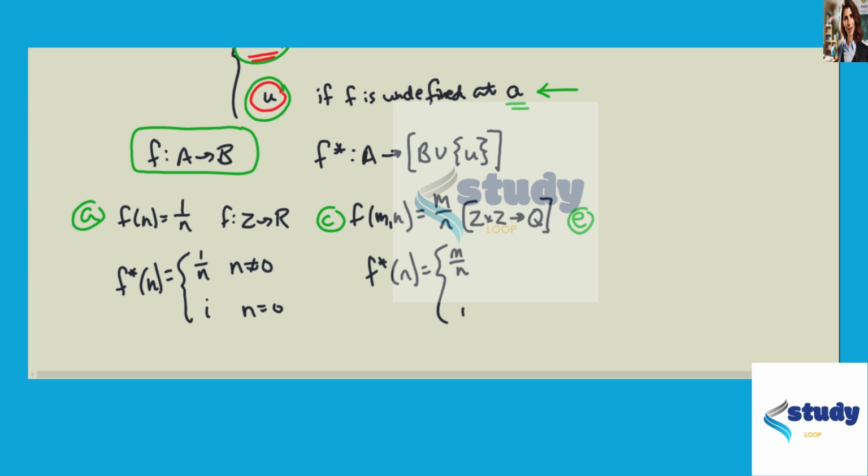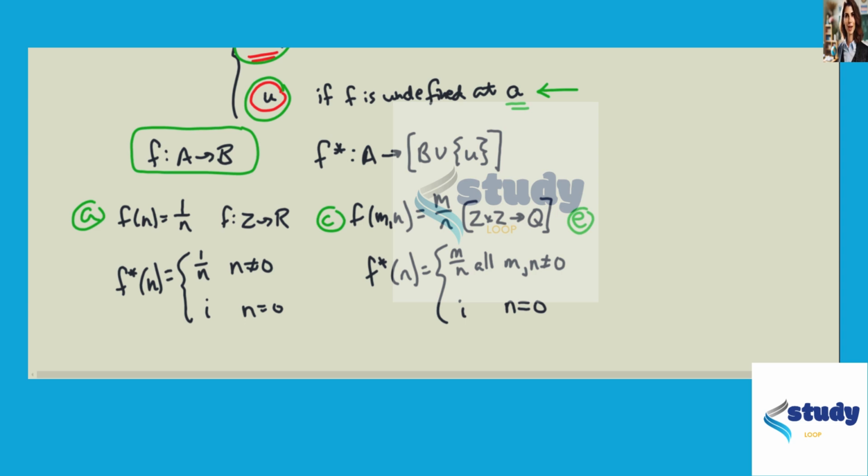And I'm going to use i across the board for simplicity's sake for my value for u. Again, the only place this is undefined is if my denominator is 0. Everything else, any value of m will be okay on the top, and n as long as it does not equal 0. So m, again, the m doesn't matter. I'm just looking at the n. So if n is not equal to 0, it's m over n. If it is equal to 0, it's going to be equal to i.